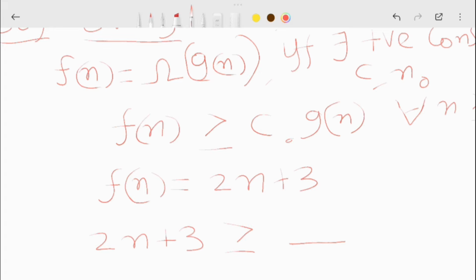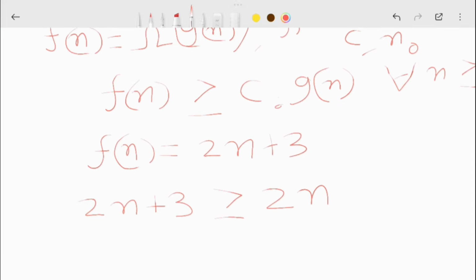So we cannot say the c value as 3 and n value that n, because 2n plus 3 is not greater than 3n. This is less than 3n. So we cannot use this. But we can say 2n plus 3 is always greater than or equal to 2n. So this is true.